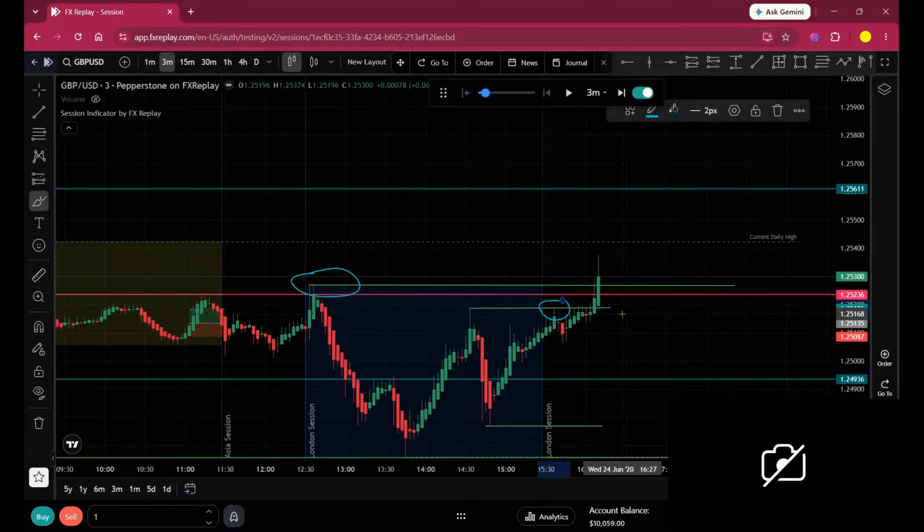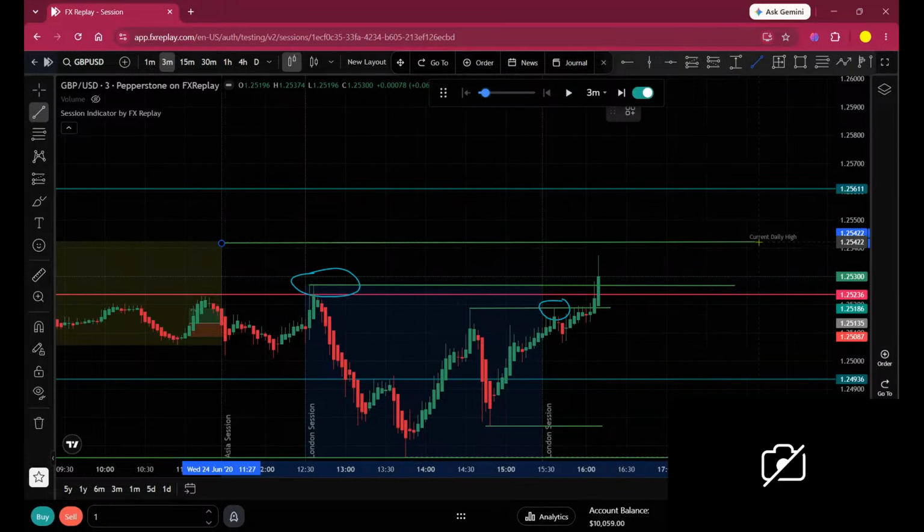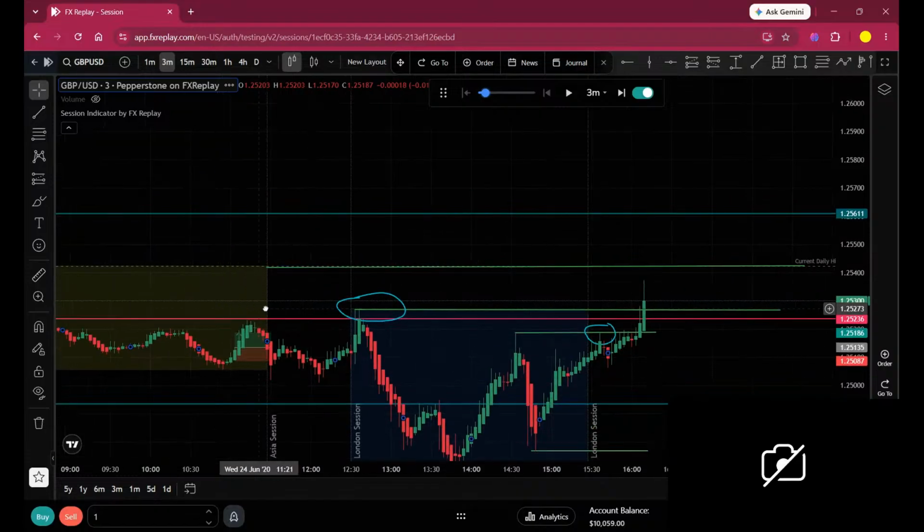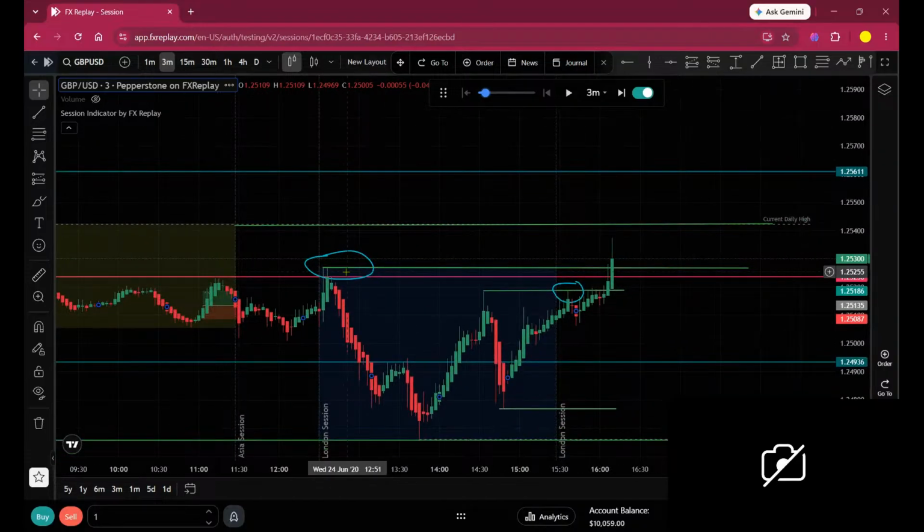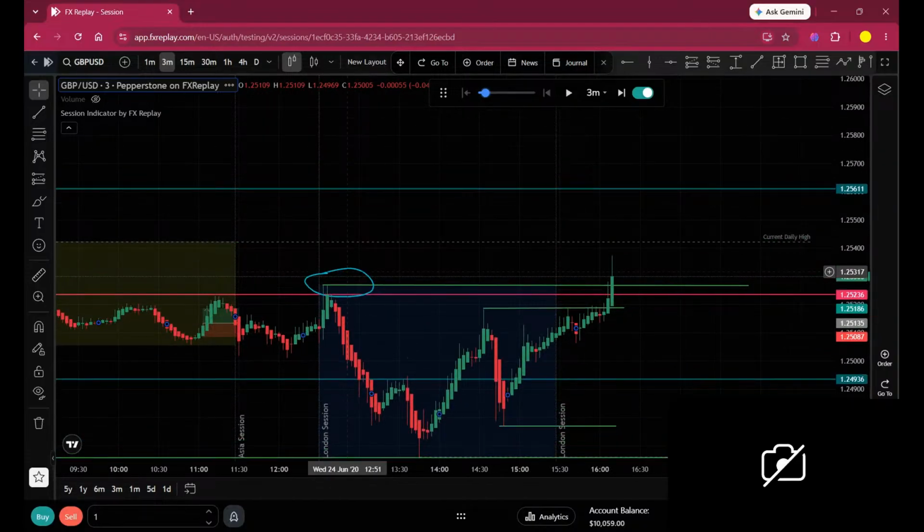It swept, right? And now here we have a liquidity which is Asia high, right? Here we have Asia high. And now if you see, market is in positive, above the Asia equilibrium. This is Asia equilibrium, right? So market is up, so I will prefer to go for the buying side.